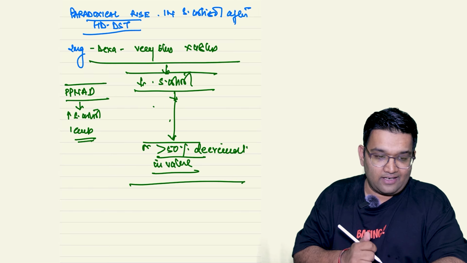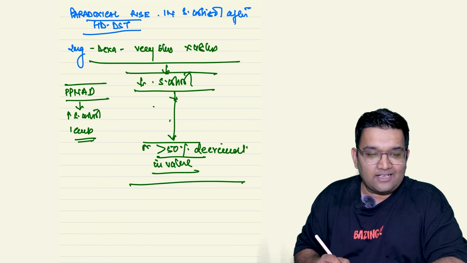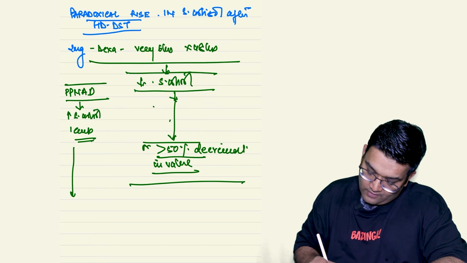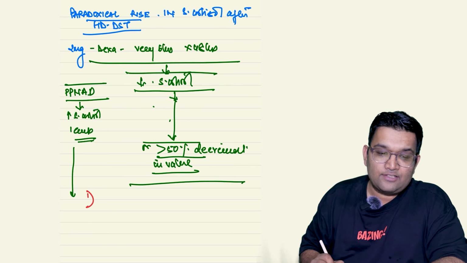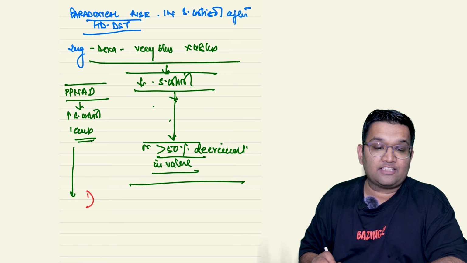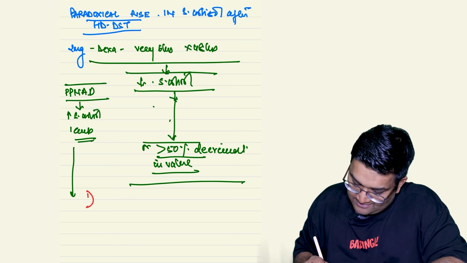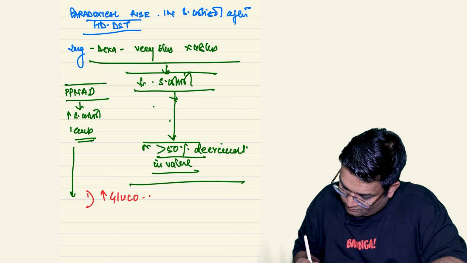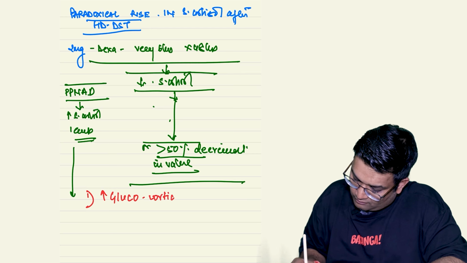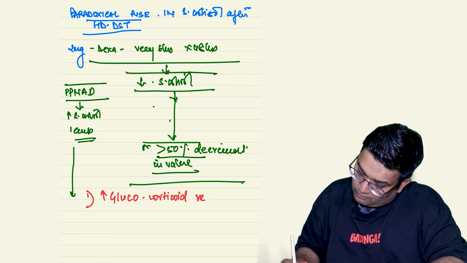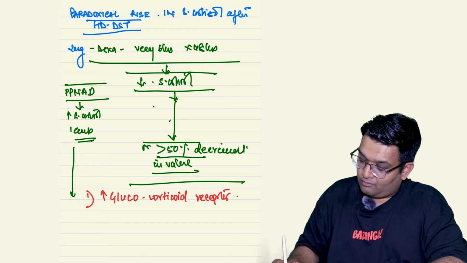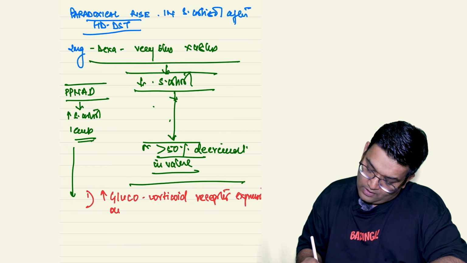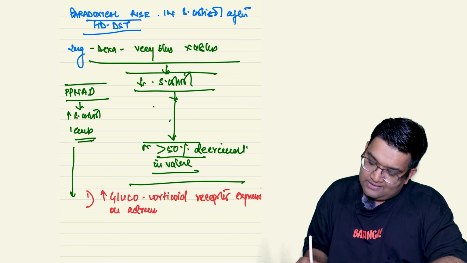So why is that occurring? There are two reasons. One is, there is increased glucocorticoid receptor expression on your adrenocortical cells.